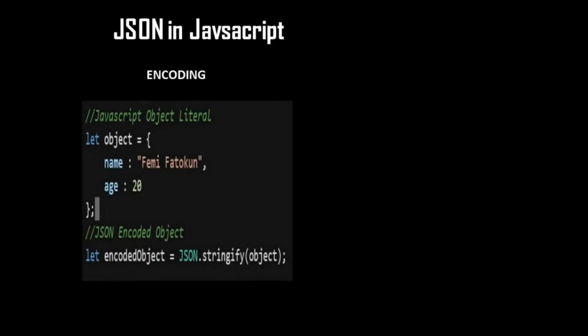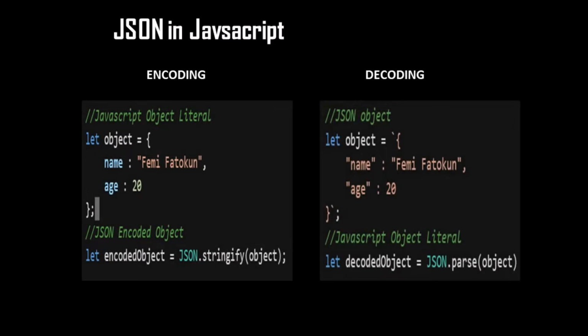Okay, so first, JSON in JavaScript. On the left side we have the encoding sample code, and on the right side we have the decoding sample code. First of all, we have the JavaScript object literal, which is the object variable. Name is Femi token, and age is 20. In order to encode it, there's a built-in method in JavaScript called JSON.stringify. Once you call that, you just pass the object as the parameter.